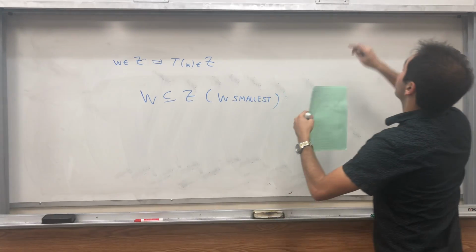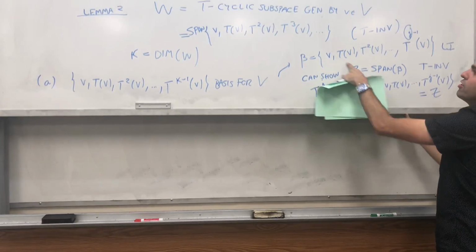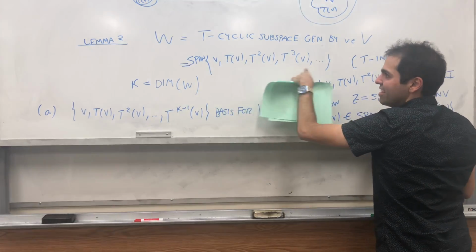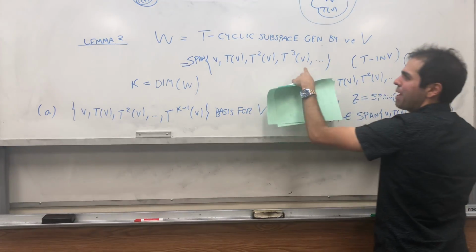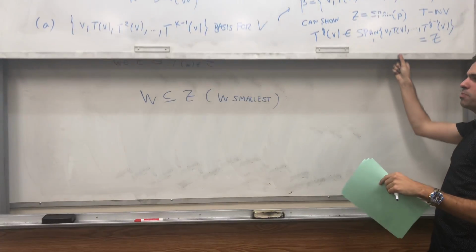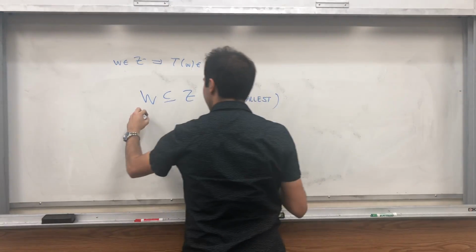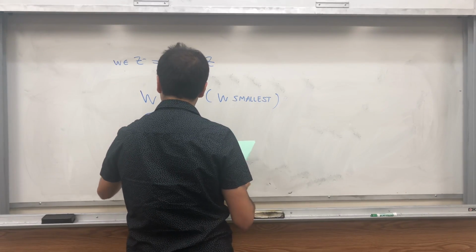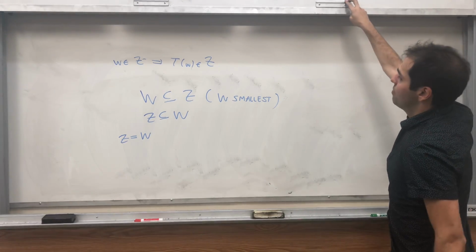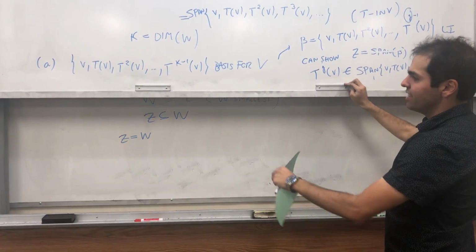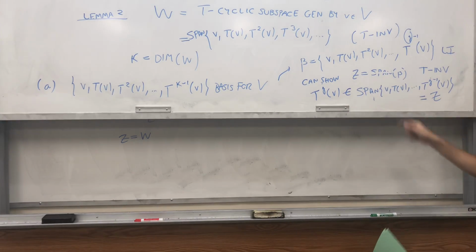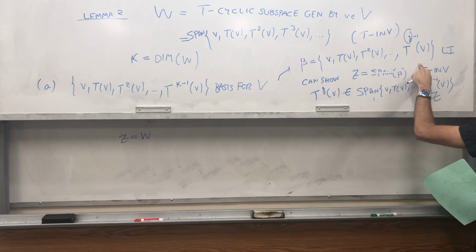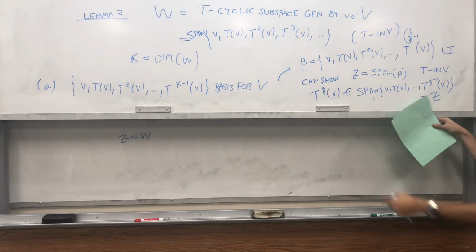But on the other hand, Z is the span of those particular vectors, which are more particular than the ones spanning the bigger space. So this span is smaller than the span of the bigger space. So we also get that Z is contained in W. So Z equals W. And in particular, the dimension of W is the dimension of Z. But by definition, this is a basis for Z, and this has j elements.